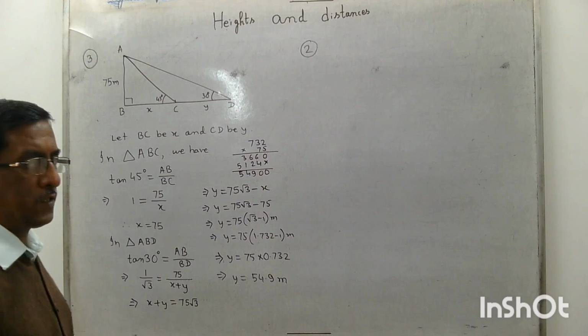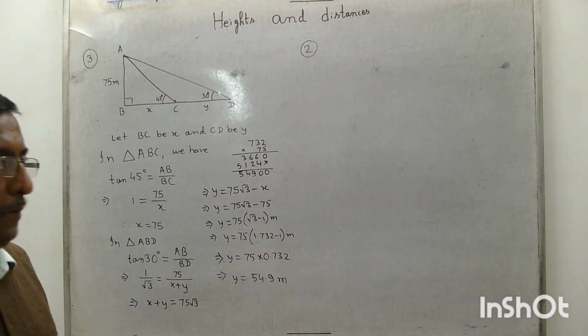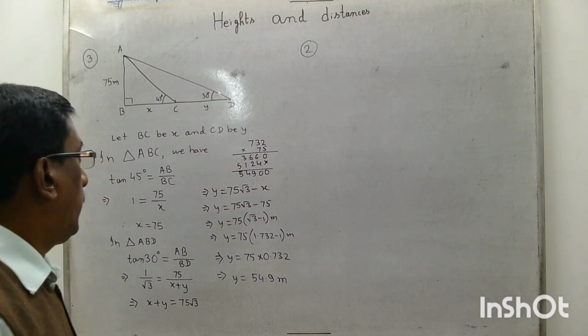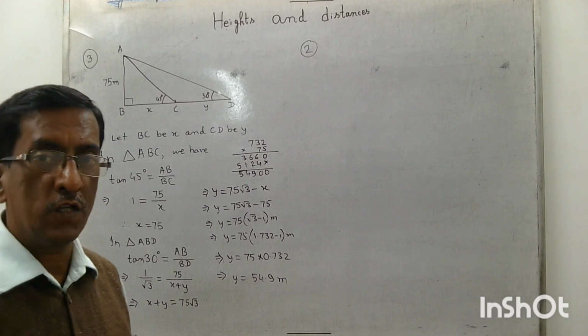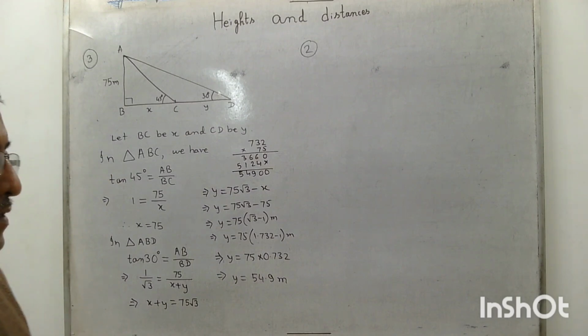This is the approximate value of Y. That means the distance between the two ships was 54.9 meter. And this is the result of the problem.